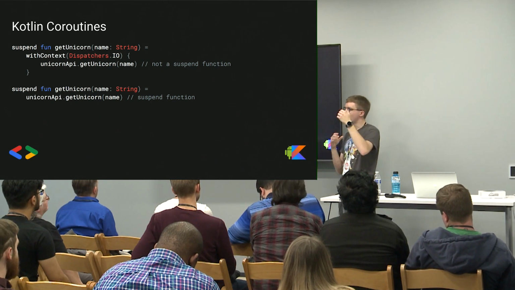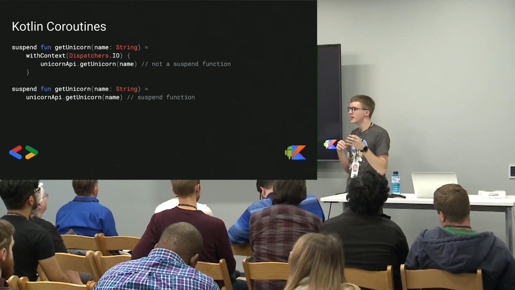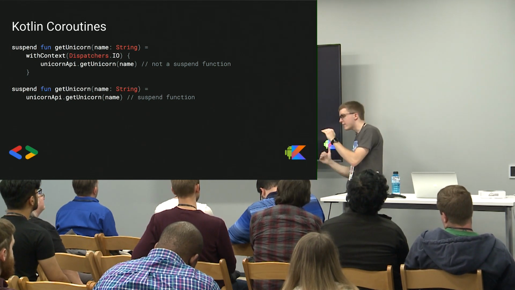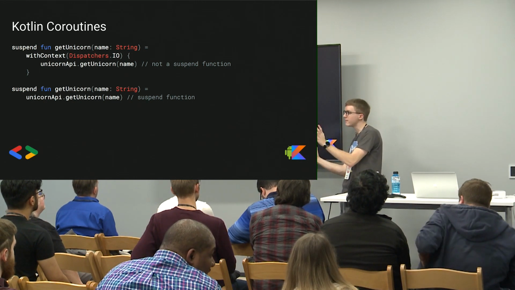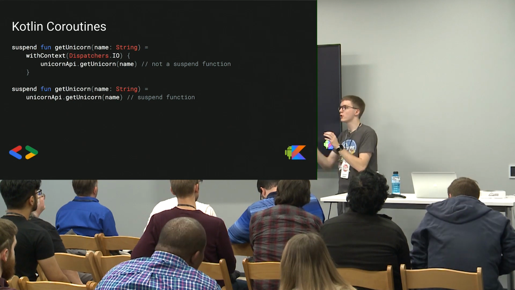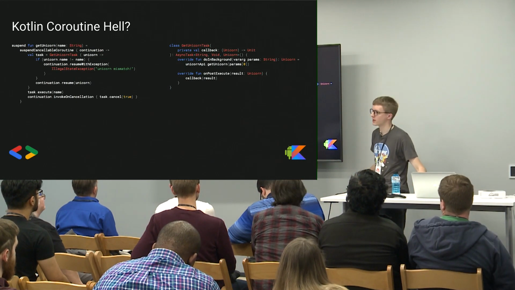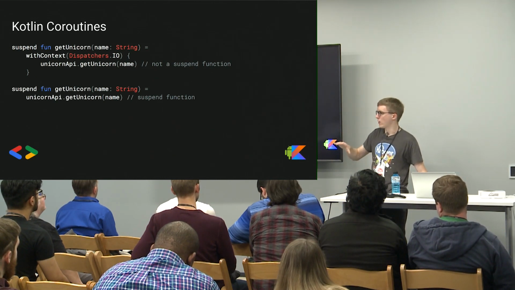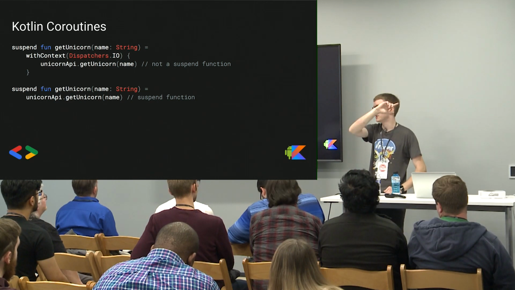So when you do launch, you're going to immediately create a coroutine context, and every other function that you call in that suspend function is going to pass your coroutine context around. And that's actually how the cancellations work. Effectively, it's on whatever you're calling to constantly check, is the job canceled? If it's canceled, kick back up.